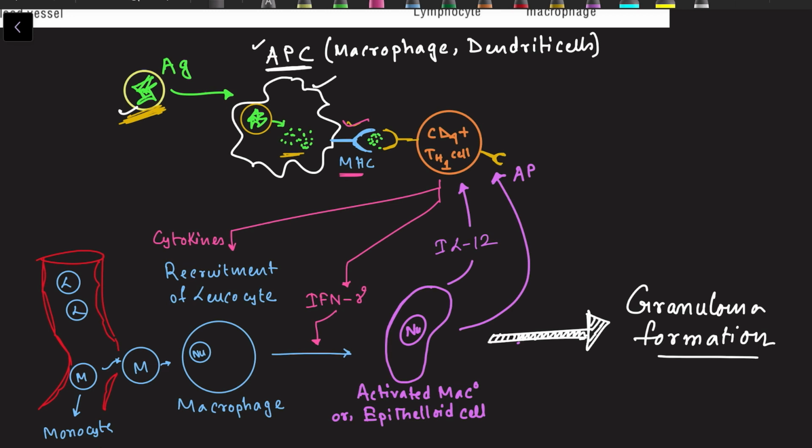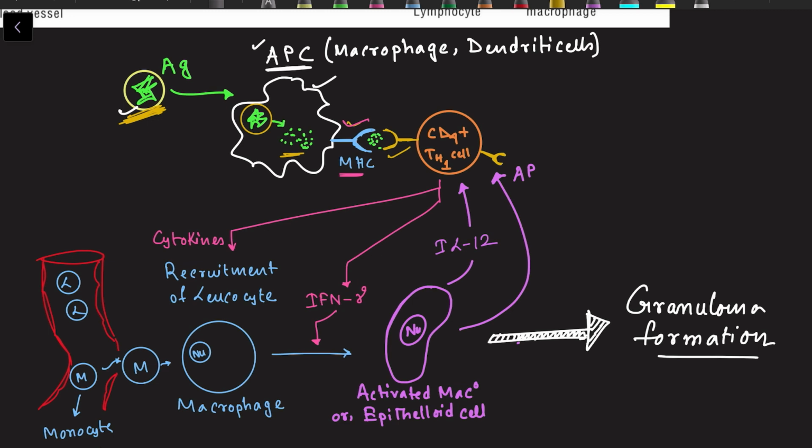It is presented to my CD4 TH1 cell. This CD4 TH1 cell has a counterpart, a T cell receptor, which helps in detection of this antigen that is presented through the MHC molecule and the antigen presenting cell.